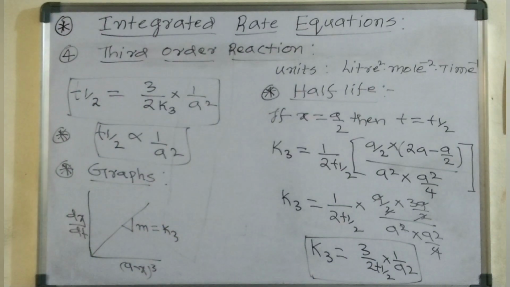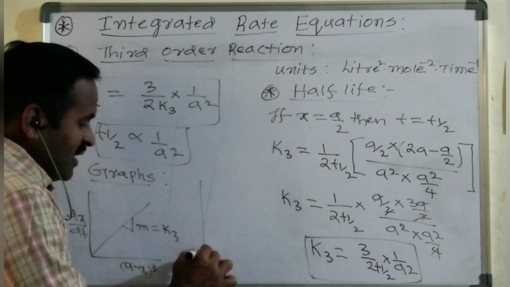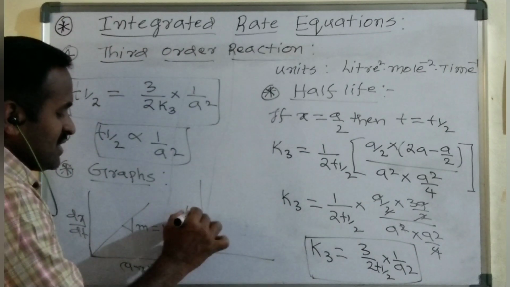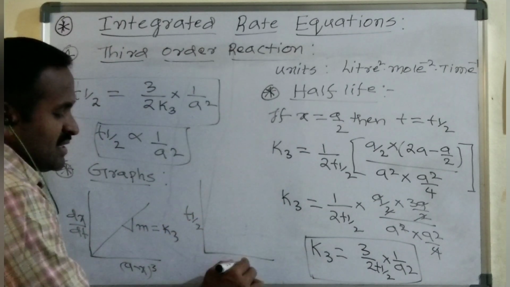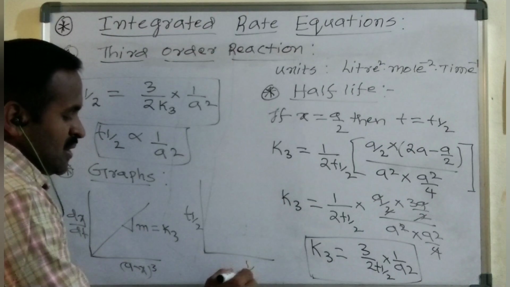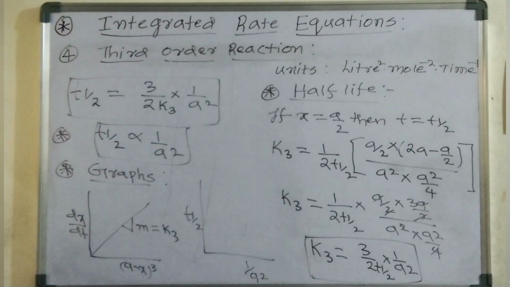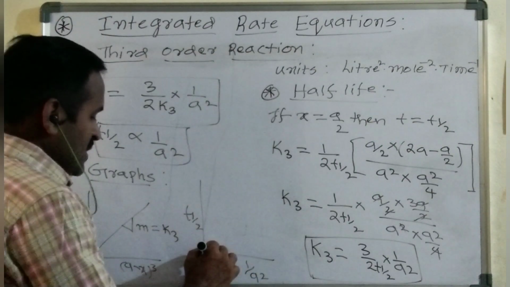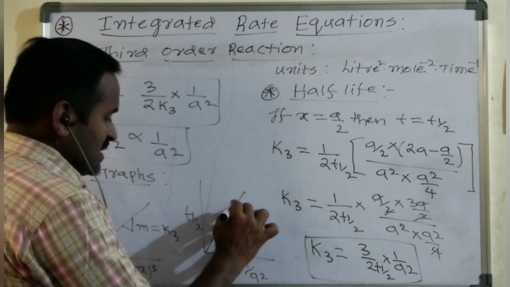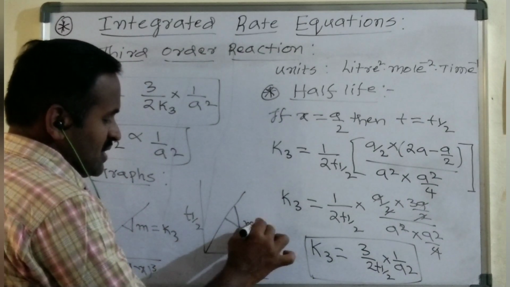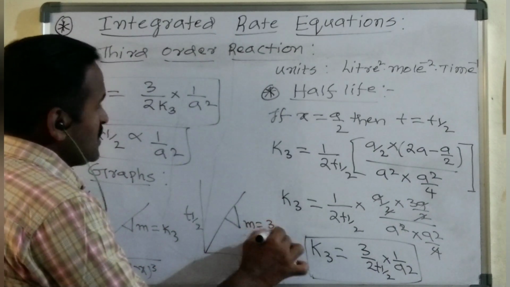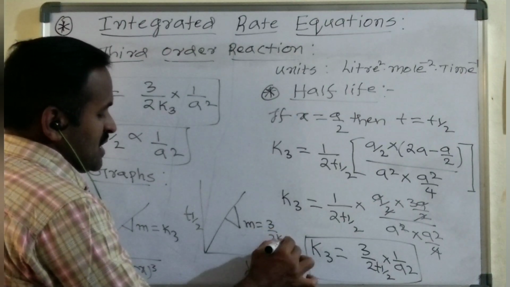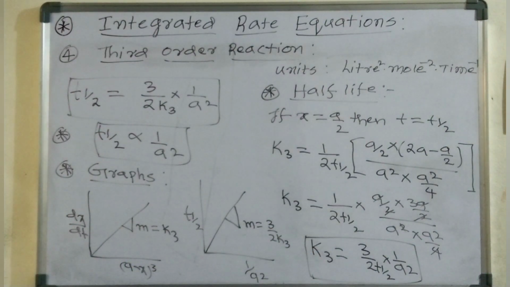Or if you plot a graph with t half on the y-axis and 1 by a squared on the x-axis, you will get one straight line passing through the origin, with slope 3 by 2 k3. These are the graphs.